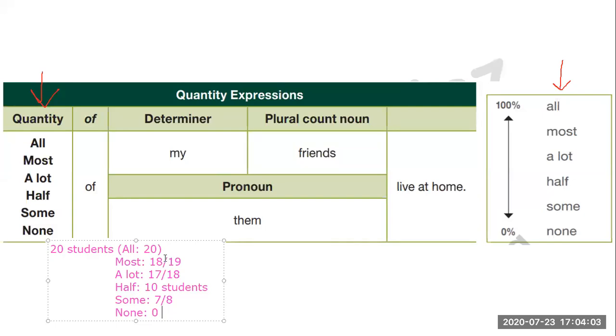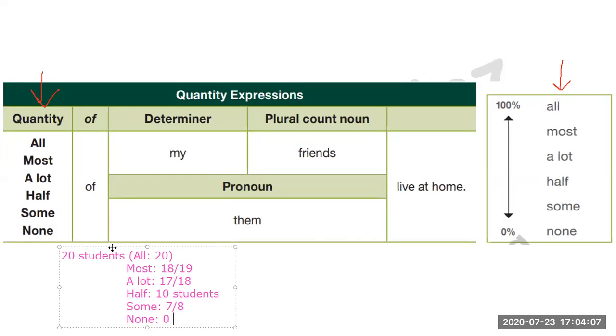So when we are talking about quantity expressions, it's like that. Also, if I say some means 7 or 8, I can change that number. It depends on the context. For example, if I say I have a lot of students, for me maybe a lot is only 10 students. It depends on what you want to express.